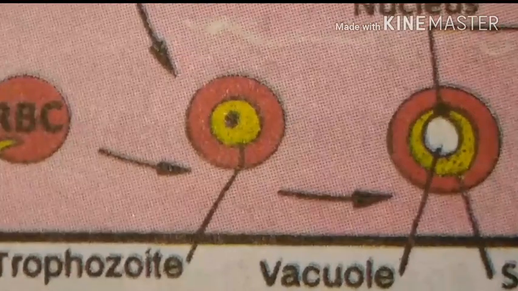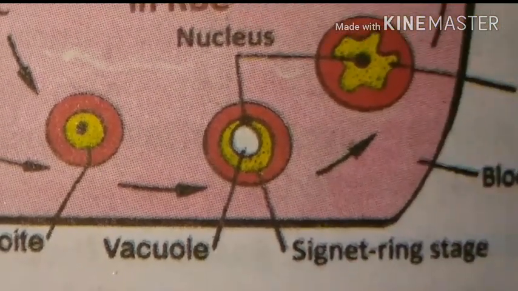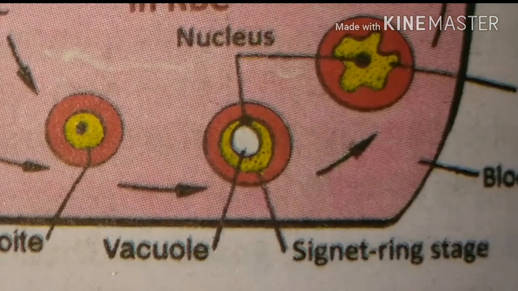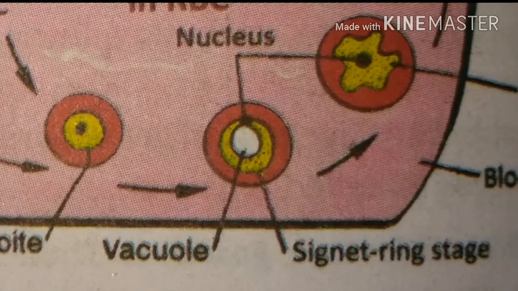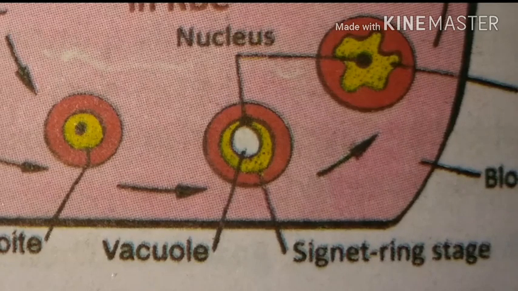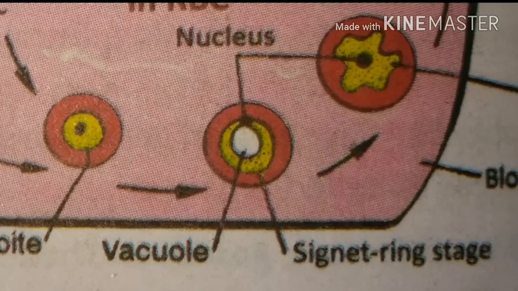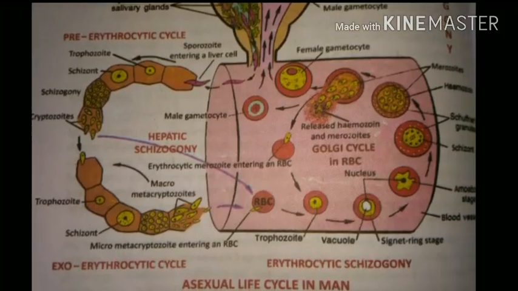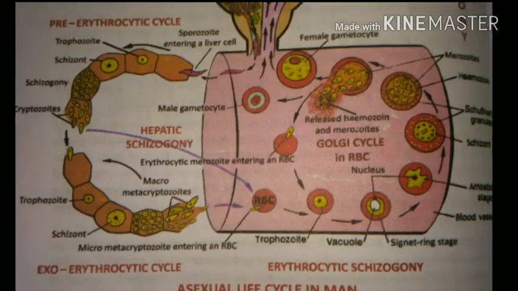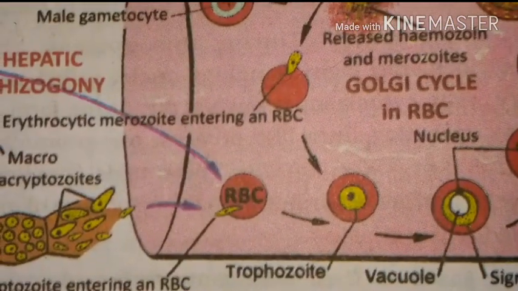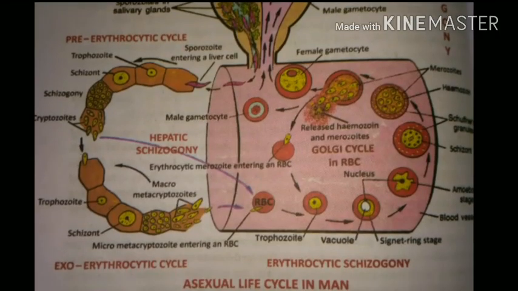The plasmodium looks like a finger ring, hence it is called the signet ring stage. Soon the vacuole develops pseudopodia and becomes the amoeboid stage. With the help of pseudopodia, it actively feeds on the contents of the RBC and increases in size. As a result, the RBC grows almost double.